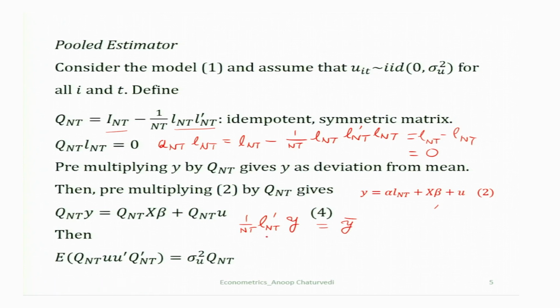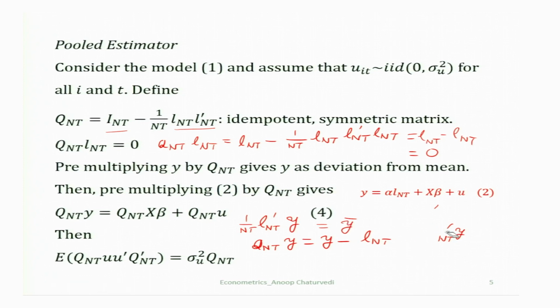Q_nt y is then equal to y minus 1 upon nt l_nt l_nt transpose y, and 1 upon nt l_nt transpose y is equal to y bar.